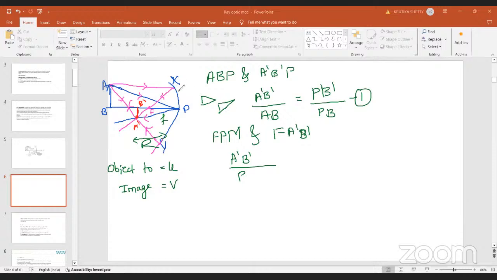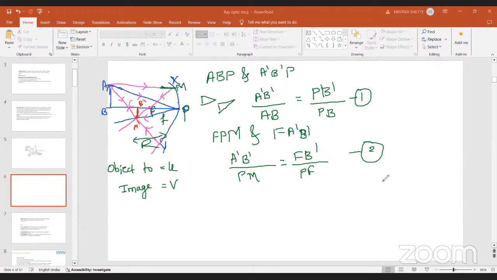In the first figure I said M is on the incident ray, this is M, this is F, this is P. A'B' divided by PM is equal to FB' divided by PF divided by PM. I'll make this equation 2.